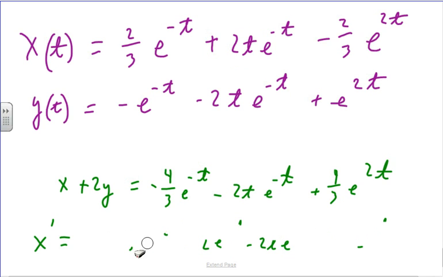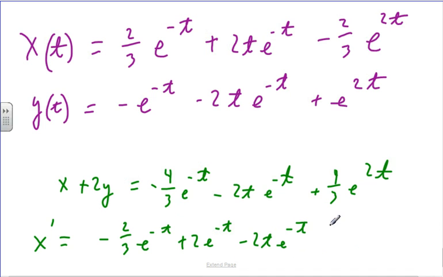Okay, supposed to be equal to the derivative of that guy. So that'd be minus 2/3 e to the minus t plus 2 e to the minus t minus 2t e to the minus t minus 4/3 e to the 2t.